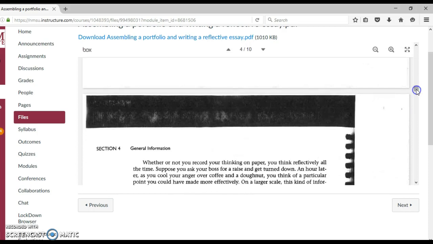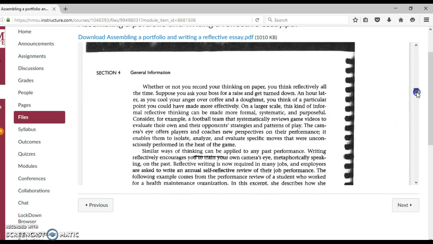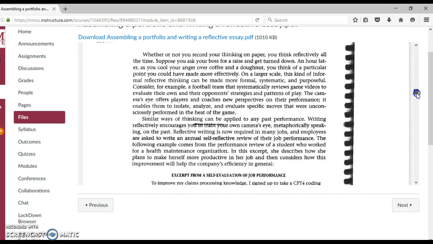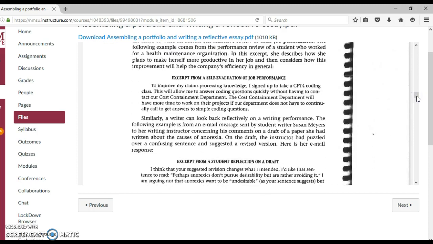Now, I don't know how many of you are familiar with reflective writing, but the difference between just remembering and reflecting is that when you are reflecting, you are analyzing and thinking about how things turned out, and you're also analyzing how things were to the way that they are now.